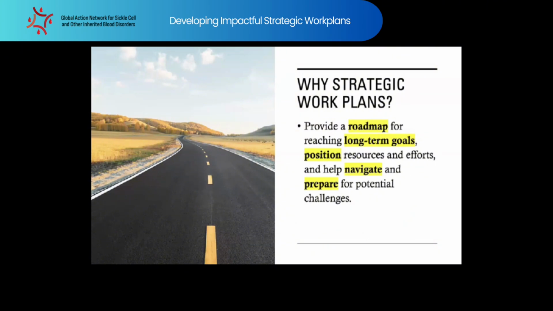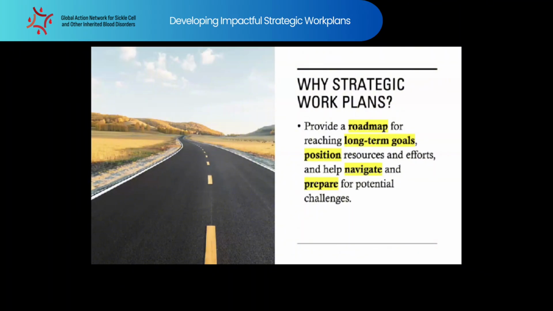And those are things that we can't usually control for because, again, we've charted the map, but we can't see into the future. So the strategic work plans are meant to guide us in the direction we want to go. We aren't going to stick to them because sometimes we have to divert, sometimes we have to take detours. But generally, strategic work plans are meant to just guide us in the right direction to reach our long-term goals.